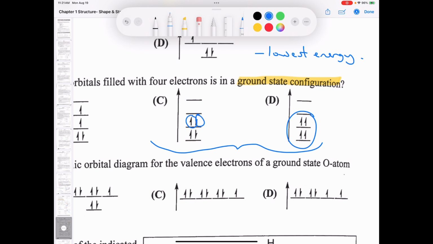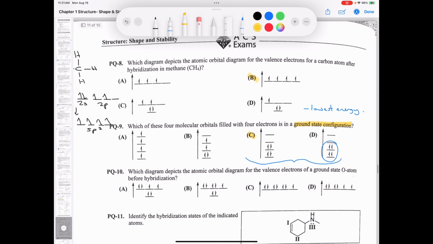So here one is up and one is down. And then you see the same thing here. And of course, everything in C is in the ground state. The problem with A and B is that you have unpaired electrons, and then you have another unpaired electron above it. So that means this is some kind of excited state, and I'm not even sure what is going on in A. Anyhow, so the answer to 9 is C.